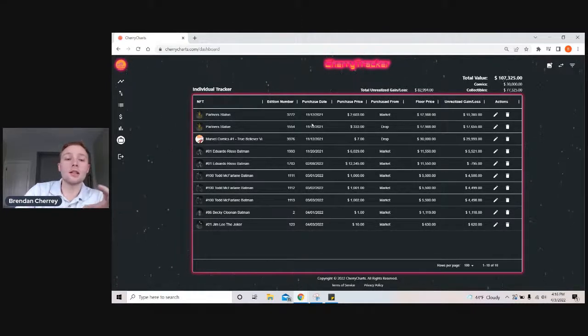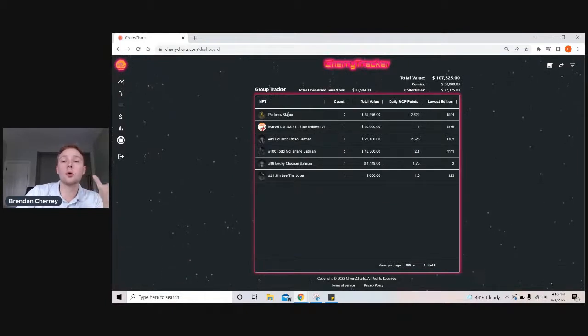This is really just to make it easy. If you want to see that itemized list, all of the details that you can possibly want to know about it, you can see it right here. And if you just want to see overall that you have 2 partner statues, which ones are lowest edition, how many you have total, what the total value of them is, that's what the group tracker is here for.